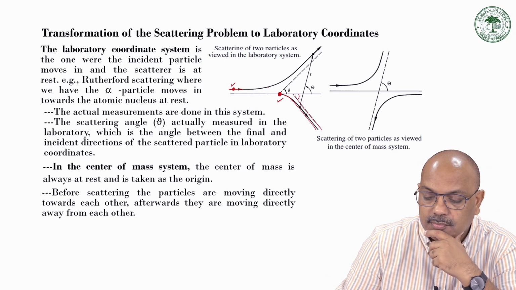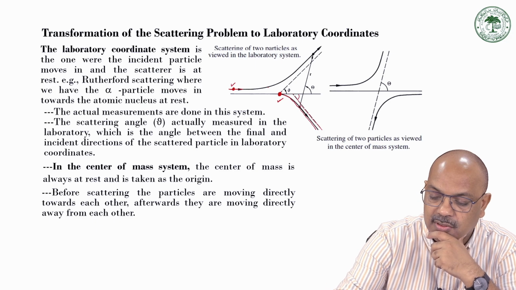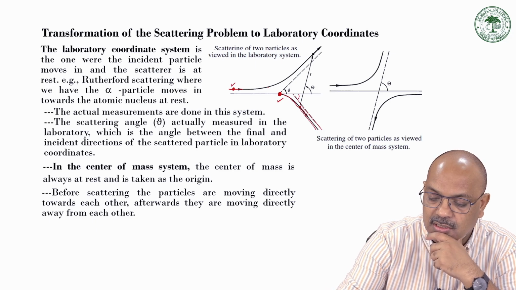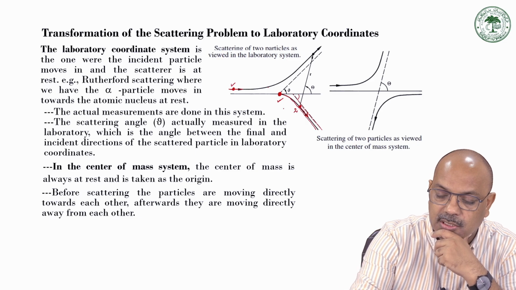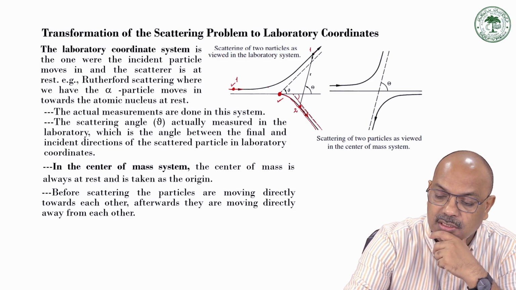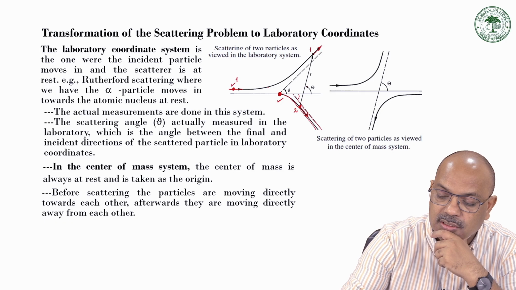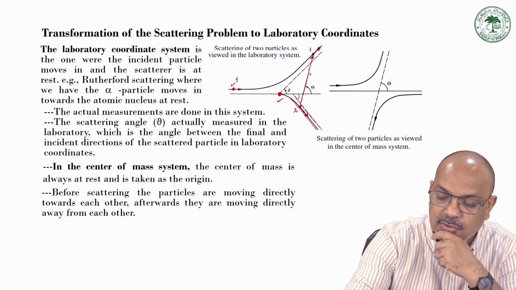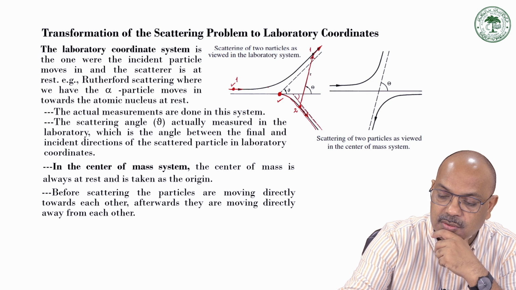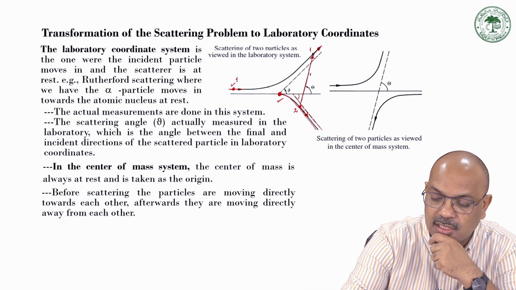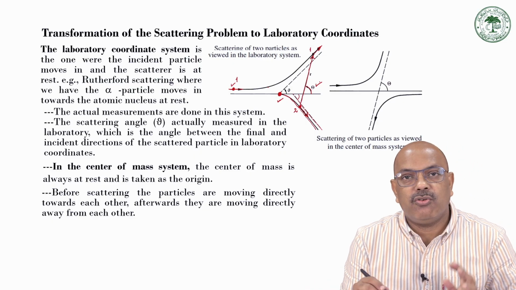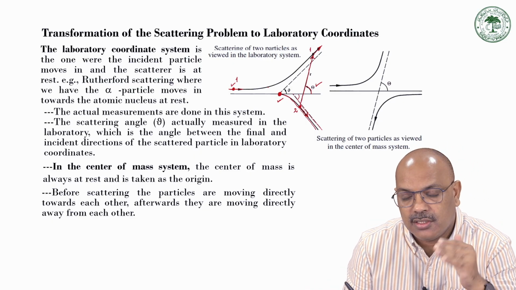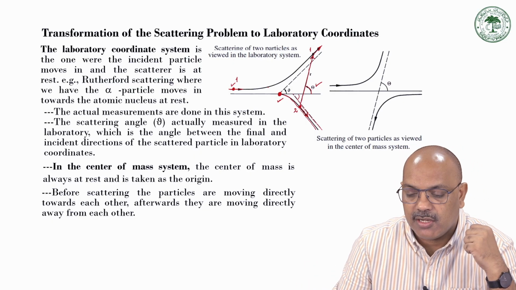So this is the vector direction of this particle. Say this is particle 2 and this is particle 1, and this is the vector direction of particle 1 here. So if you draw a relative vector between these two, then the angle between the directions of these two vectors, say this is angle theta, is going to be the scattering angle in the center of mass frame of reference.